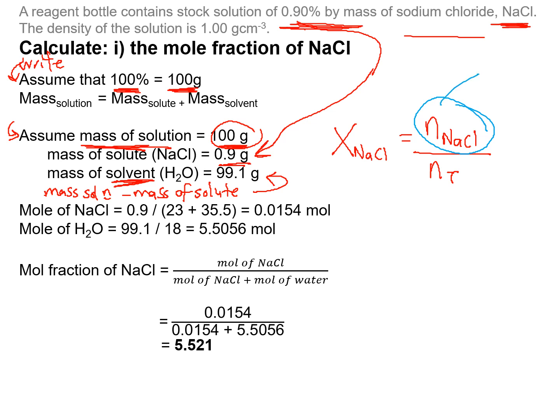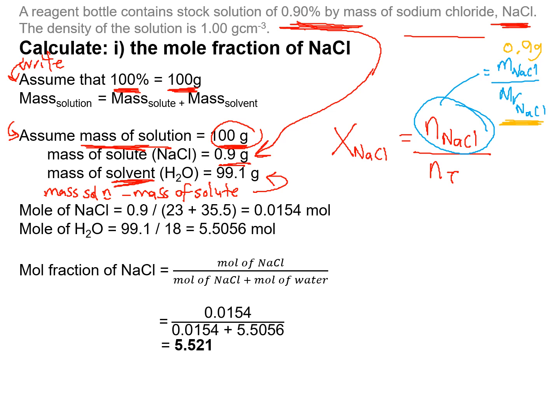Kita boleh cari melalui equation number of mole is equals to mass of NaCl bahagikan dengan molar mass of NaCl. Macam mana nak cari mass of NaCl? Tadi kita dapat assumption kan, mass of NaCl kita dapat 0.9 gram. Molar mass of NaCl, this one you boleh kira sendiri.